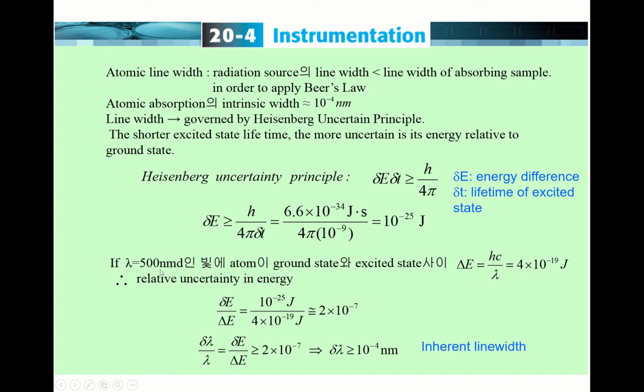Lambda is 500 nanometers, and then this inherent line width is 10 to the minus 4 nanometers. This is quite a small number, right? This is inherent because the Heisenberg uncertainty principle is inevitable, unavoidable. You cannot beat this principle.